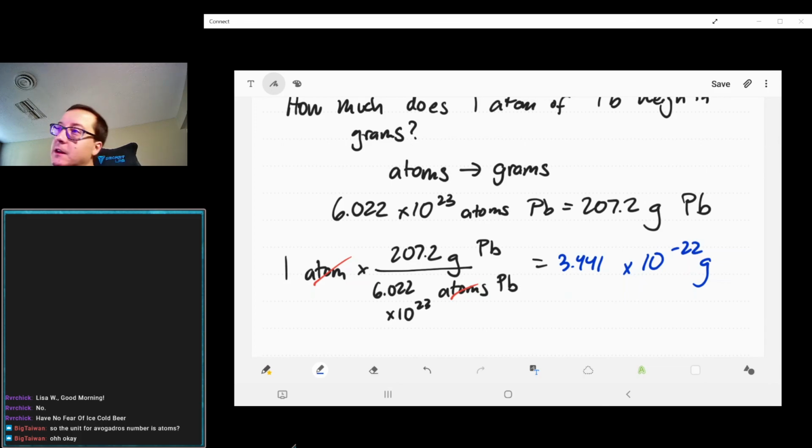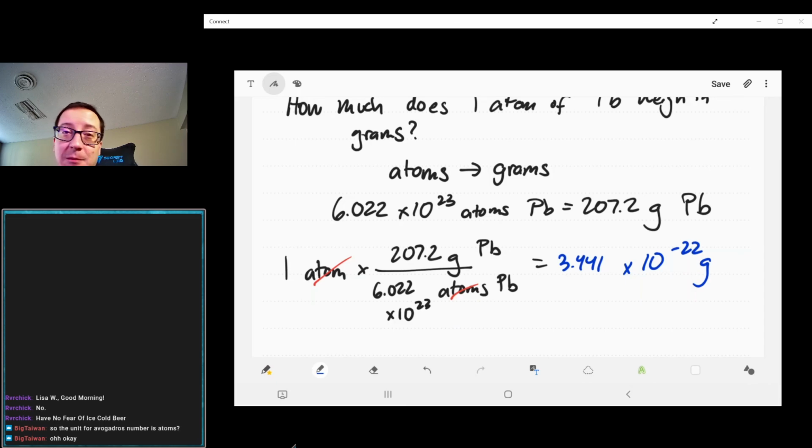We know this. It's completely silly for us to talk about individual atoms because there's no scale that could possibly weigh out one atom of lead. Most scales or balances that we deal with can measure maybe 0.01 milligrams, 0.001 milligrams. That's just 10 to the minus 5 or 10 to the minus 6 grams.